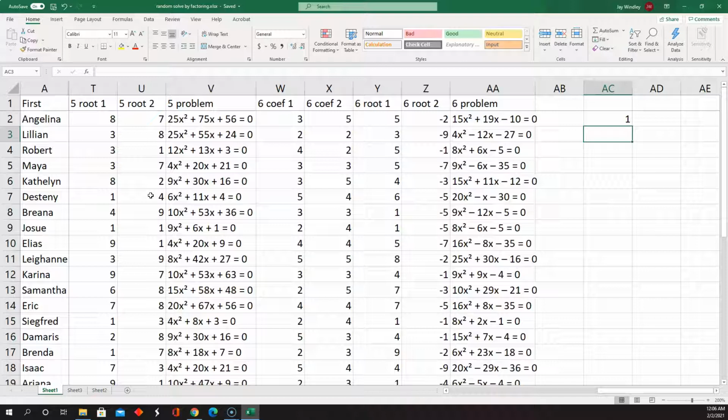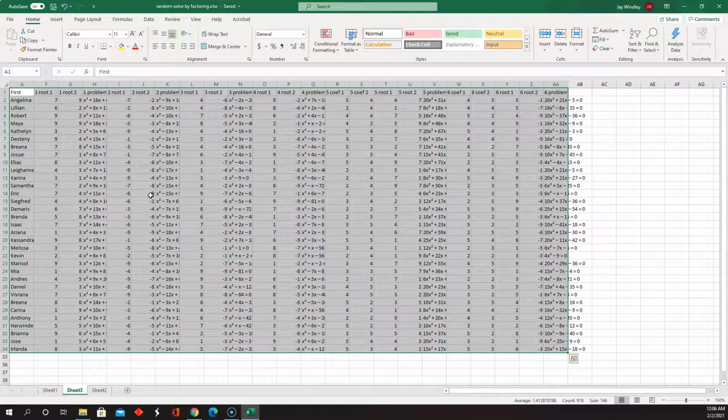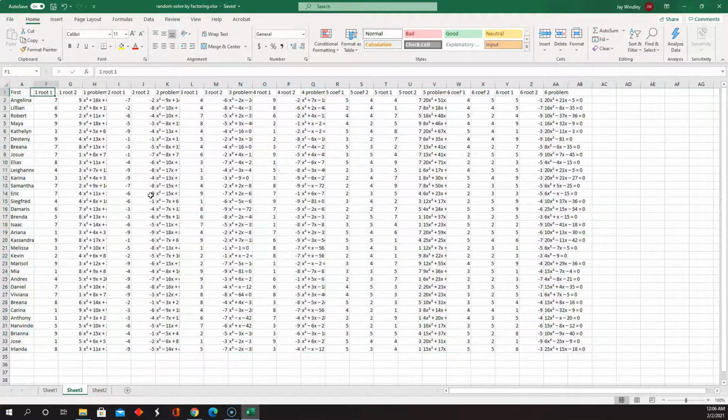So I wanted everything to be random, but now that I've randomly decided on their problems, I want to freeze those problems in time, so to speak. And the reason why I want to freeze those problems in time is because now I can come over here and create my key.